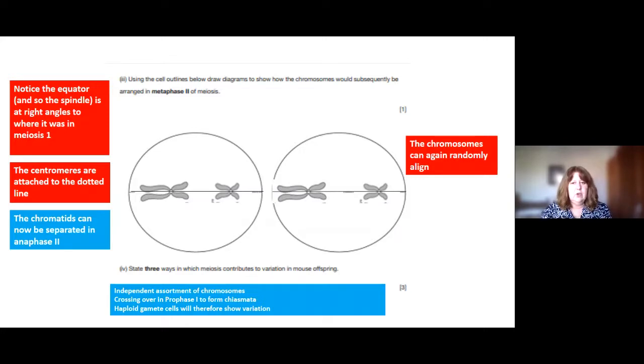Prophase 1 is a really important phase for crossing over. Independent assortment can occur in terms of homologous chromosomes in meiosis 1 or 2, but crossing over just occurs in prophase 1. And haploid gamete cells will therefore show variation. So I think that's just about that question done.